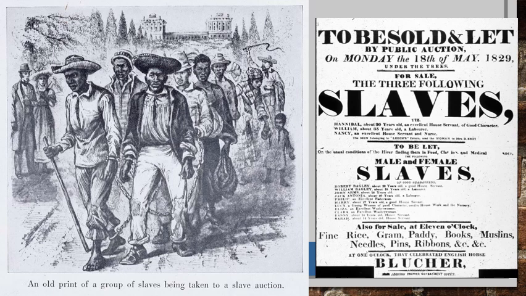Ads for these auctions and sales are very common, and they will always feature the names of the slaves with a description of their abilities, with any problems they might have sometimes, age, those sorts of things, so you know how long you're going to get more work out of them.